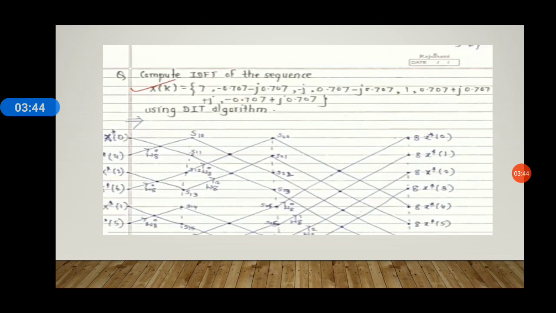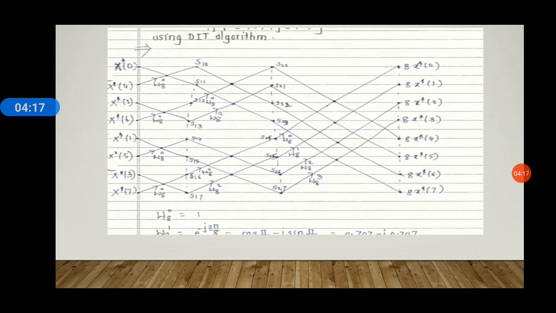Herein is an example that has been solved using DIT. We have performed the IDFT of the given X[k]. The first step is taking its complex conjugate, that is X star[k]. As mentioned in the problem, it is a DIT algorithm, so we start with X star 0, X star 4, X star 2, X star 6, X star 1, X star 5, X star 3, X star 7.